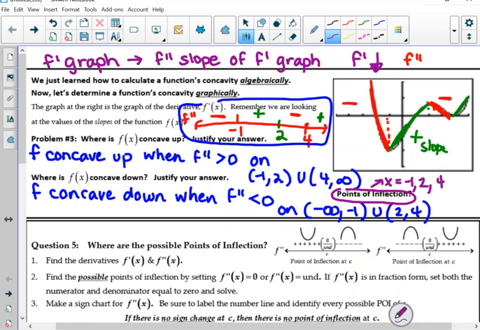What we're seeing is F prime having a minimum, and we're seeing F double prime changing from negative to positive. Both of those things are telling us that F is having inflection points at these values. F is concave up on those intervals. F is concave down on those intervals.